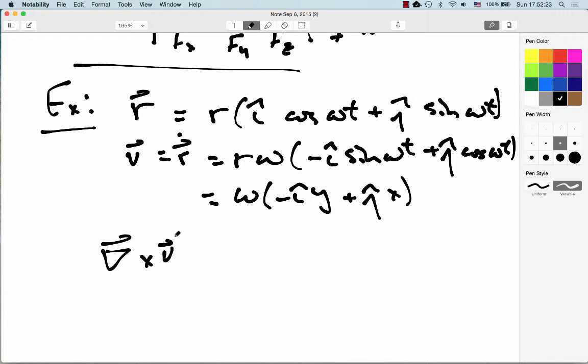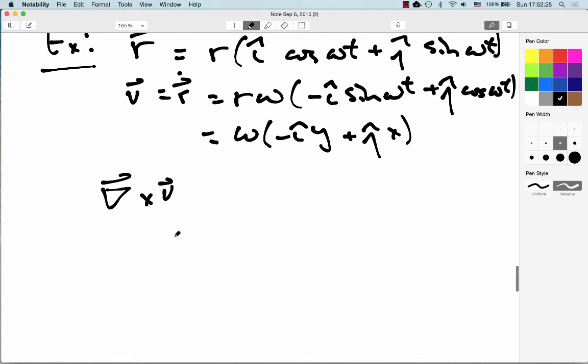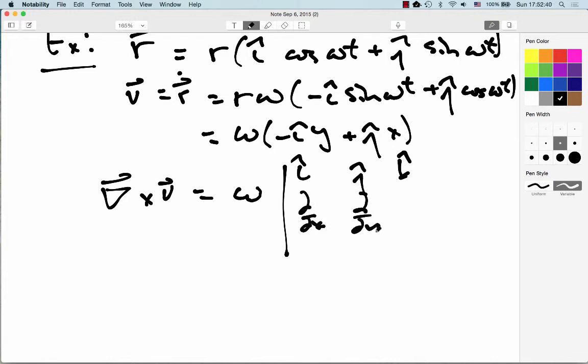So the curl of v there is going to be equal to, well, I can pull the omega out, it's a constant. So then we go i, j, k, partial x, partial y, partial z, negative y, x, 0.